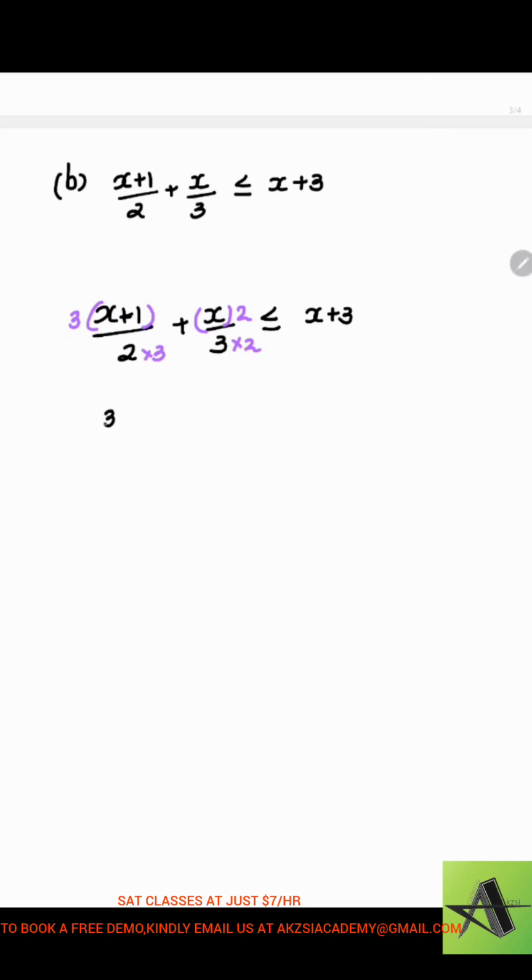Now this will be 3 times (x plus 1) over 6 plus 2x over 6 less than or equal to x plus 3. Since we have made the denominator the same, I can combine the numerators, and on expanding I'll get 3x plus 3 plus 2x less than or equal to x plus 3.